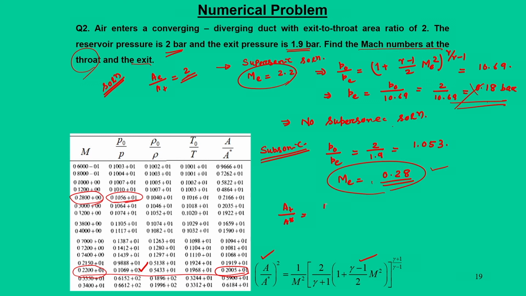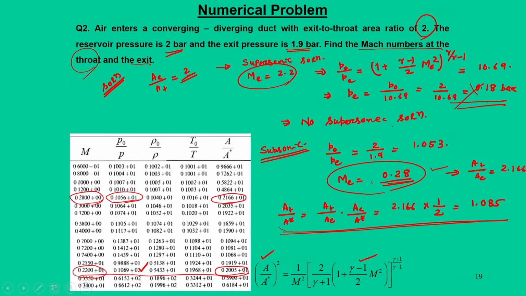AT by A star can be written as AT by AE into AE by A star, and for the Mach number 0.28 this is 2.166. So, this will be 2.166 into, actually exit to throat area ratio is 2, so this would be 1.085.